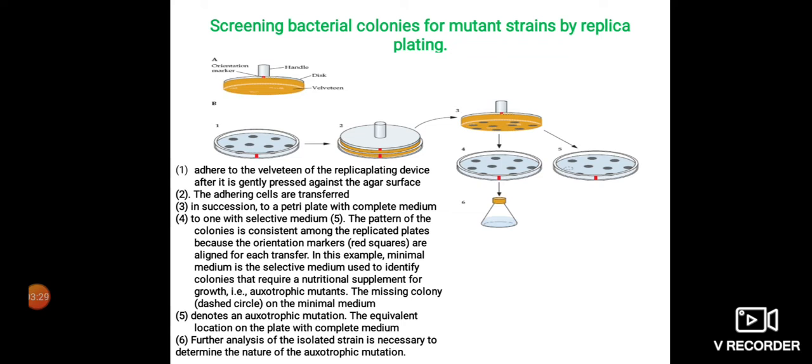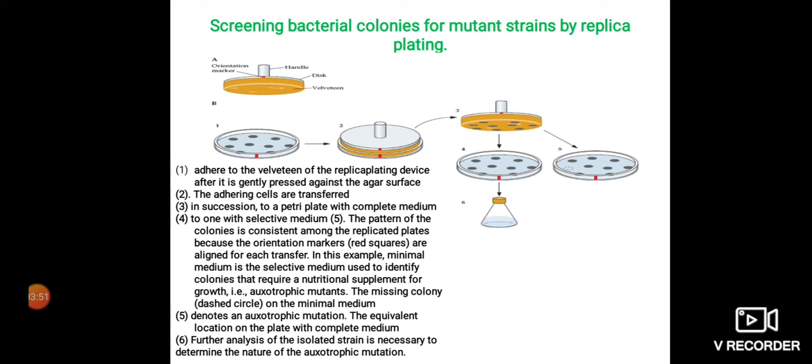So if we screen directly on the plate which we obtained during transformation, that will lead to complete loss of that colony, and even after screening it will not help us go any further.